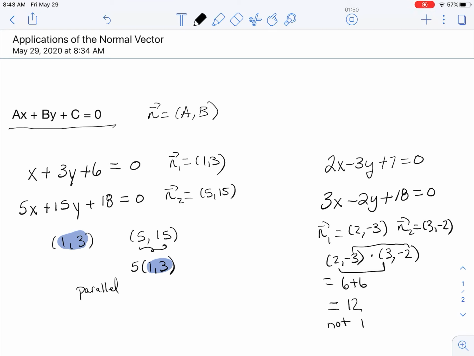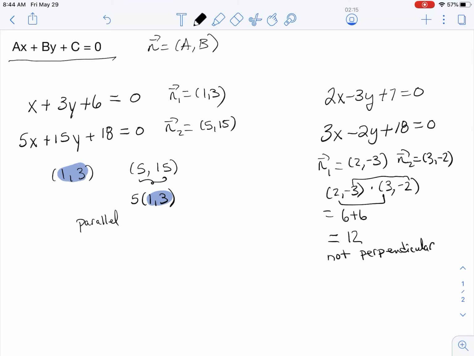So you can see here, these two lines are not perpendicular. Now, if that result was 0, just like we saw in a prior video, then we would conclude that those two lines are perpendicular. Point being, you can use the normal vector to test for lines being parallel and for lines being perpendicular.